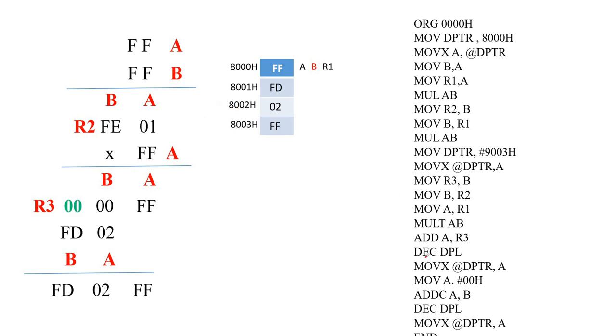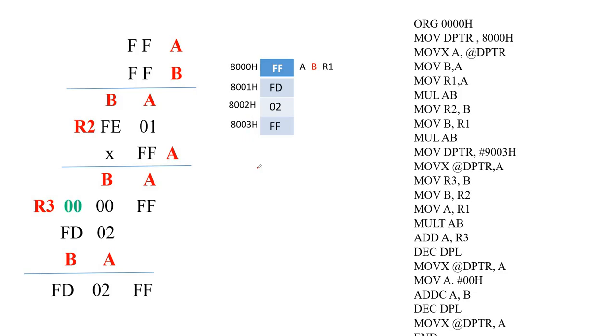Then we have to store the contents of the accumulator at 8002 using the MOVX @DPTR, A instruction. So now 02 which was in the accumulator will be stored at this location.